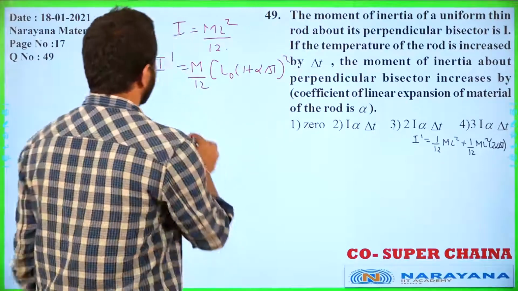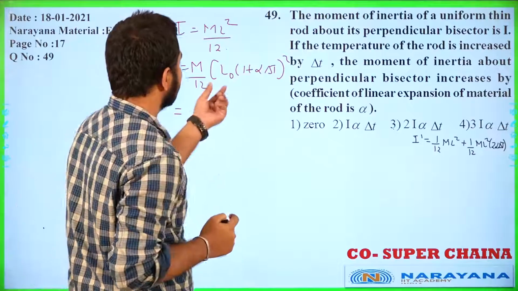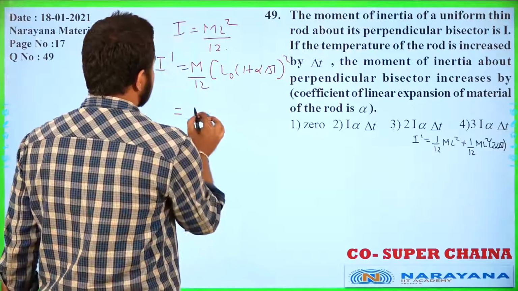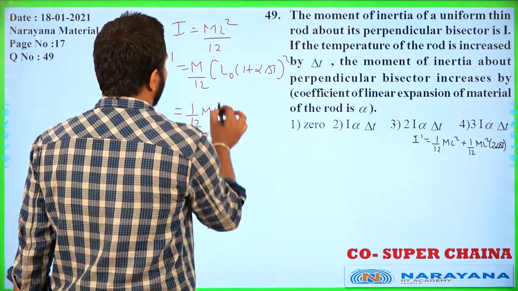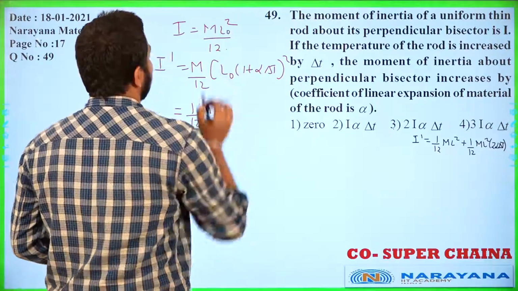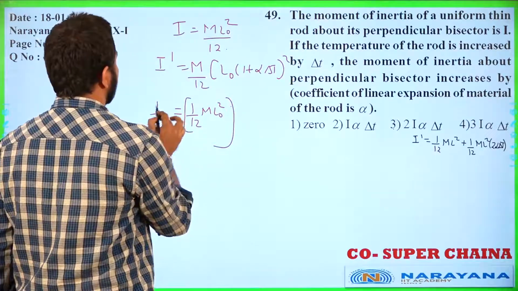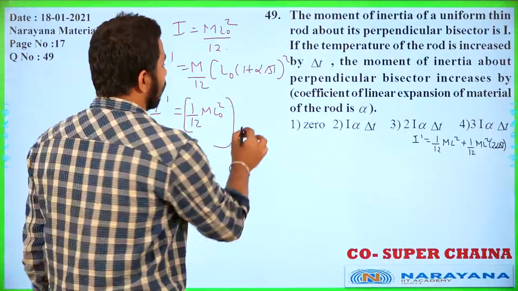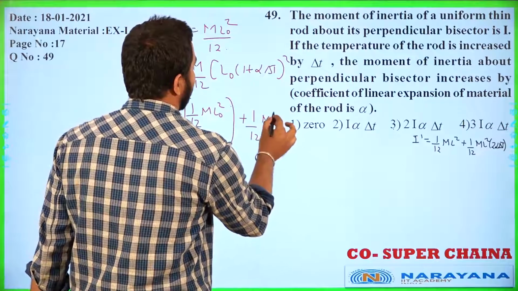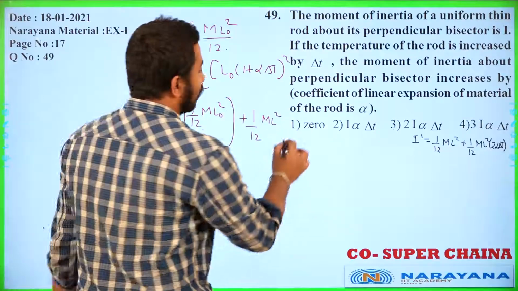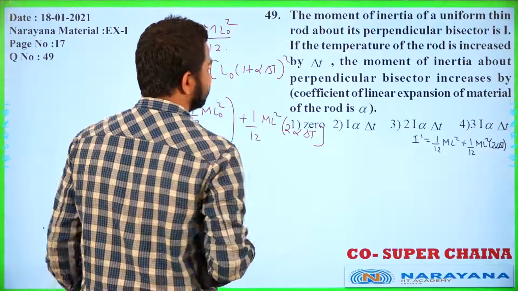So if you simplify this, we can write here, this will be 1 by 12 m L naught square, if I am taking the initial length as L naught. This will be my I, plus 1 by 12 m L naught square, 2 alpha delta t. This is what I will get.